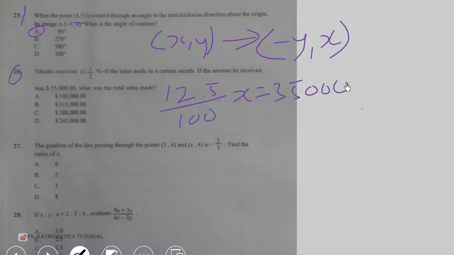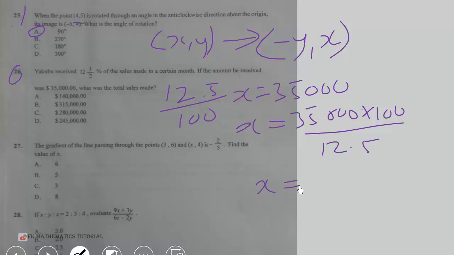So we have x equal to 35,000 times 100 divided by 12.5, and that will give us 280,000. So the correct answer is C.